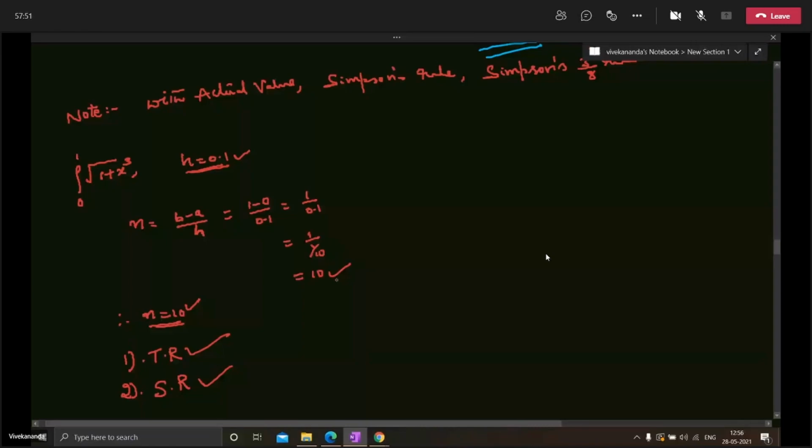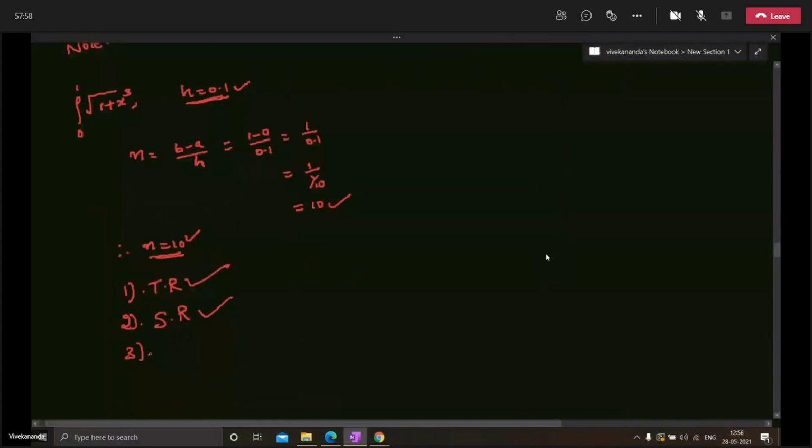Can we apply Simpson's 3/8? No. Why can we not apply it? Multiples of 3. Yes, 10 is not a multiple of 3. Very good, nice. So since we cannot apply Simpson's 3/8, apply these two.